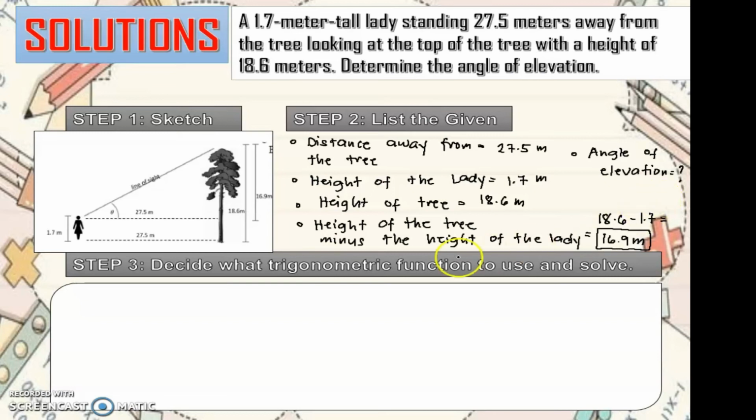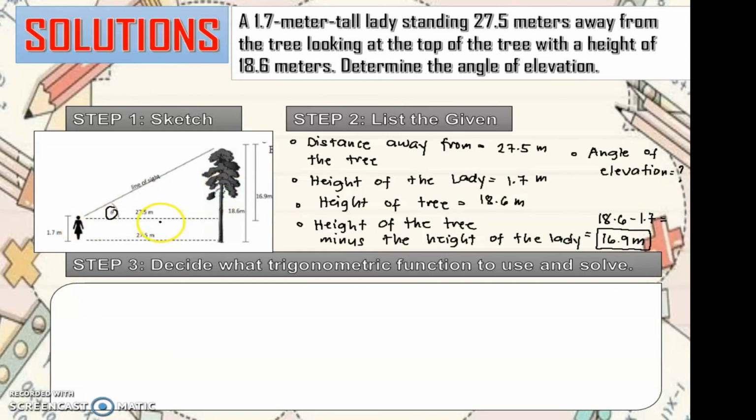So let's analyze what is given. So the given, there is an opposite side, considering the theta or the angle, the opposite side, and the adjacent side.